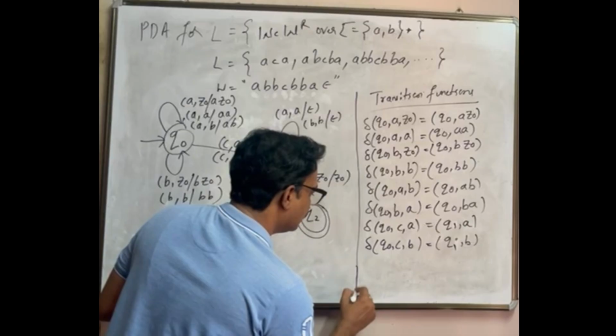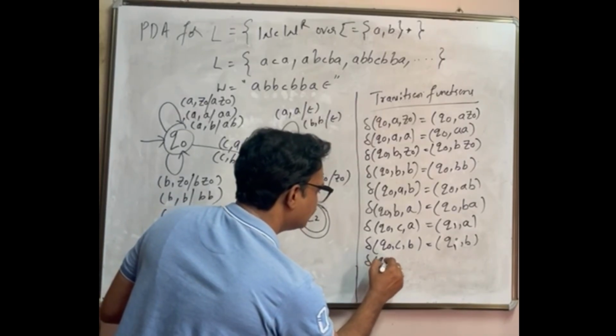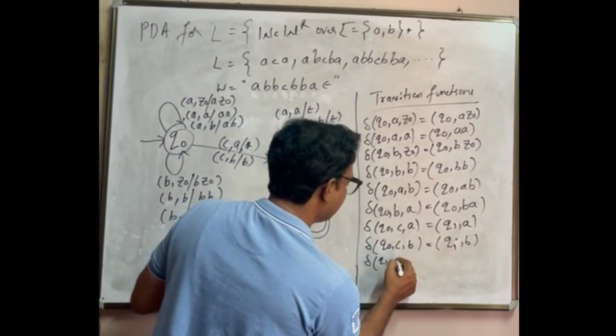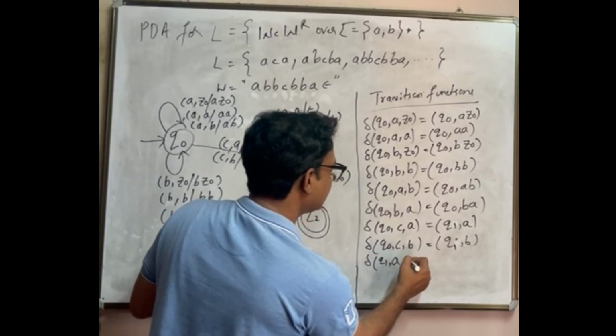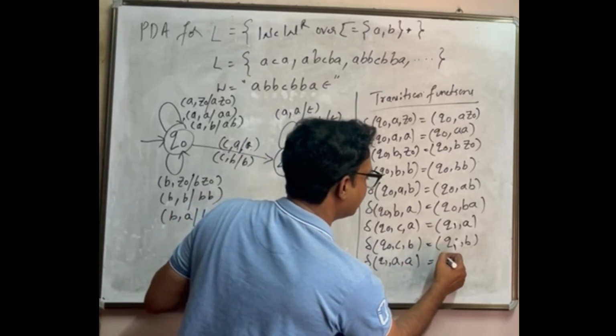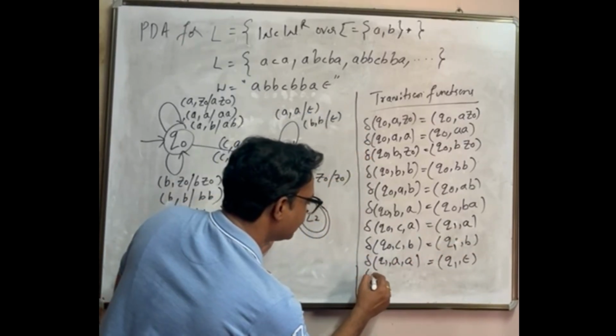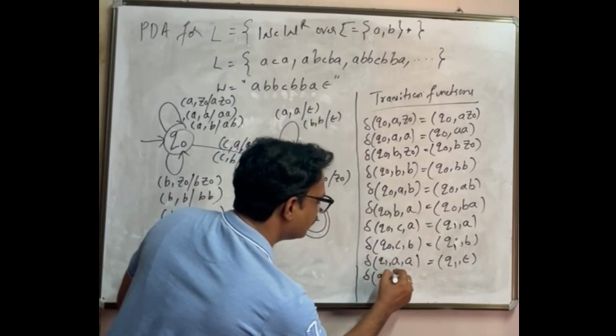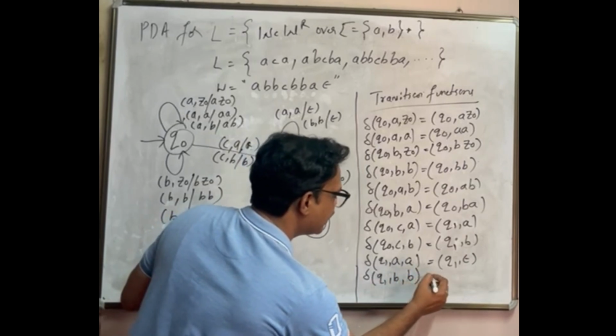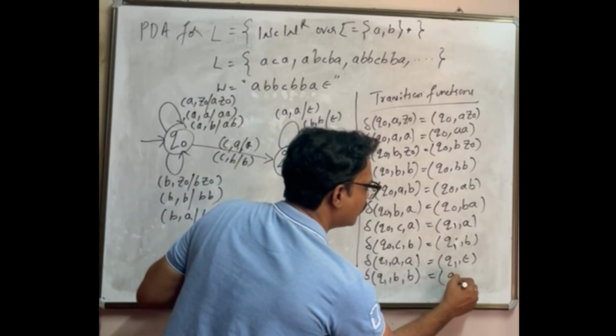Now, upon state Q1, if it reads an A and the top of the stack is A, it goes for pop. And upon state Q1, if it reads a B and the top of the stack is B, it goes for popping.